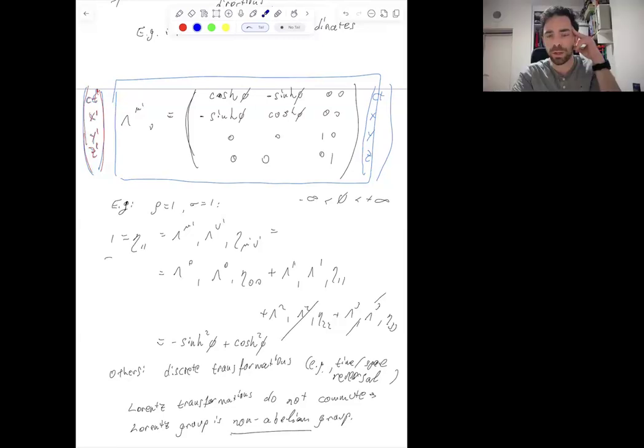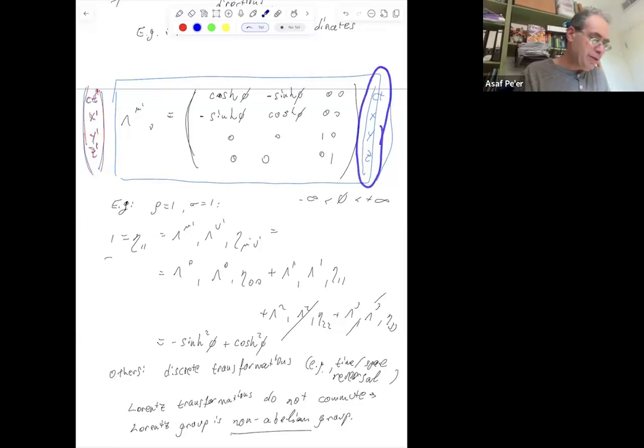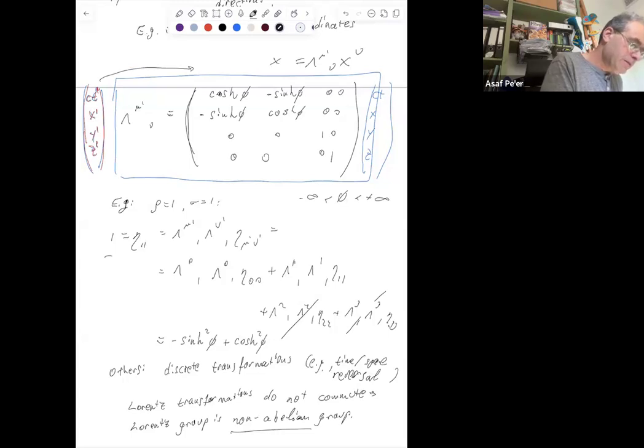This is x^nu. The lambda matrix is lambda^mu' _nu, and the resulting vector is x^mu'.